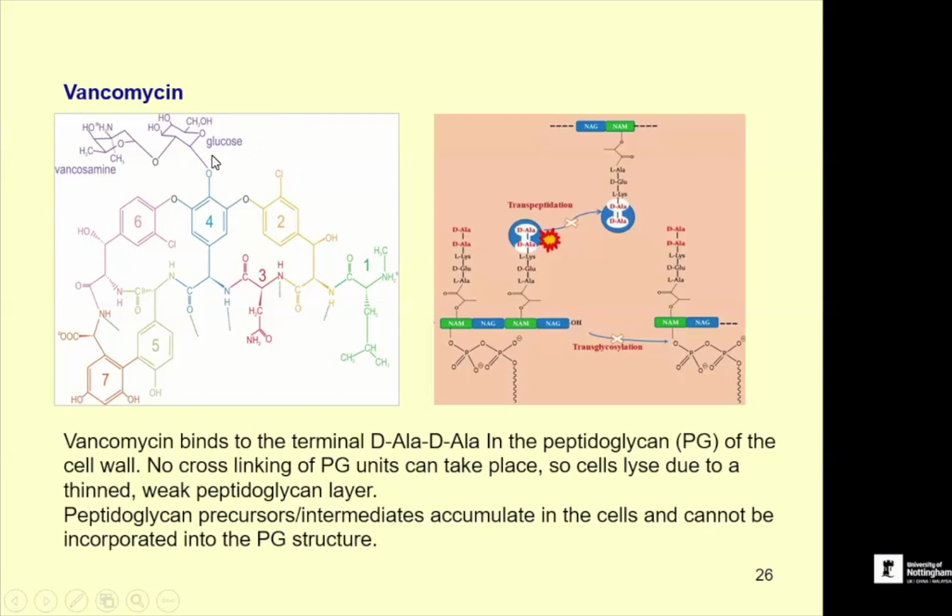It's got two sugar residues on it, a rather unusual one, vancosamine with glucose. And this is linked to some amino acids which are very unusual in nature. It is an antibiotic which is produced in nature by a microorganism. These are unusual aromatics, but great for CD because it is stuffed full of aromatics.